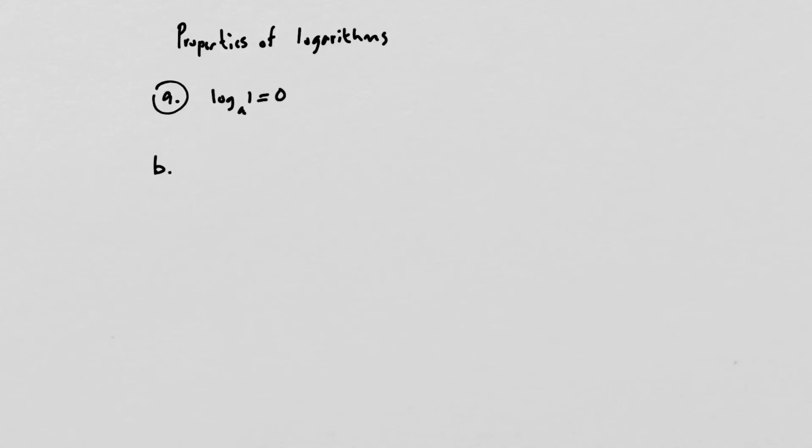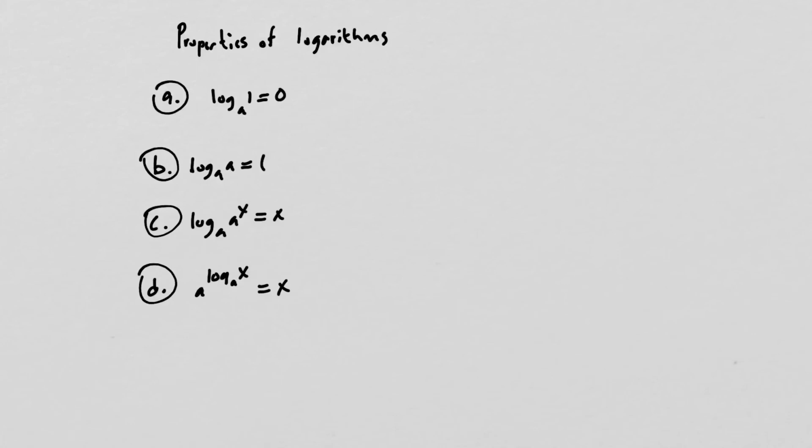The next property, part B, is that the log base a of a is equal to 1. The third property was the one that we saw in the last example. The log base a of a raised to the x is equal to x. The final property that we want to add is that the exponential a raised to the log base a evaluated at x is equal to x.